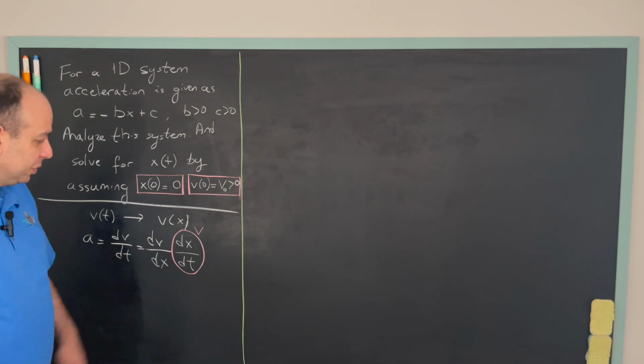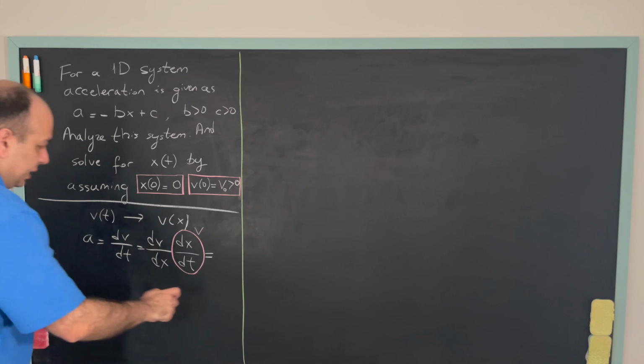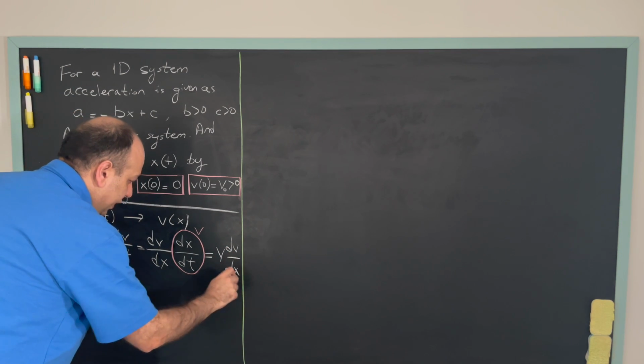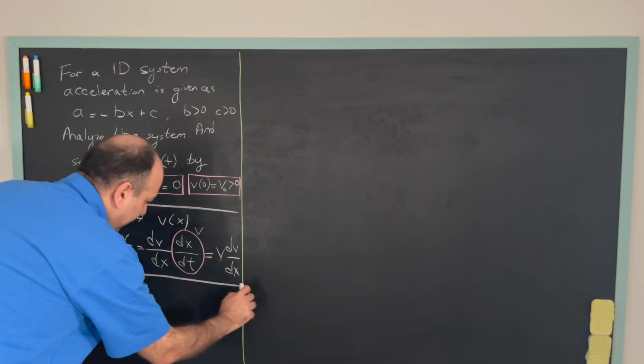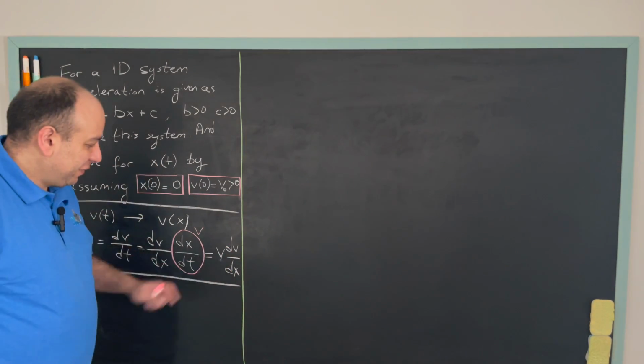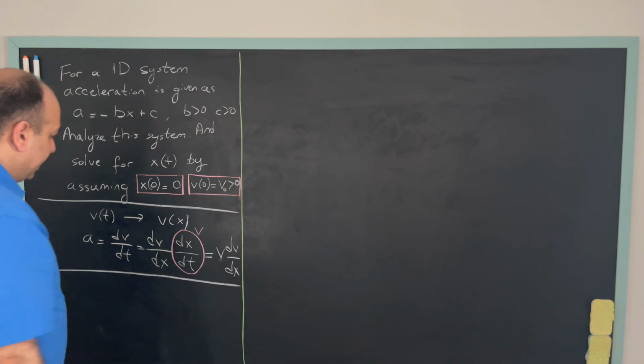Time rate of change of position. So in the end, acceleration is simply v times dv/dx. Well, this is good to see. Now the time disappeared, right? So you don't have any d/dt terms. So everything is a function of x now.